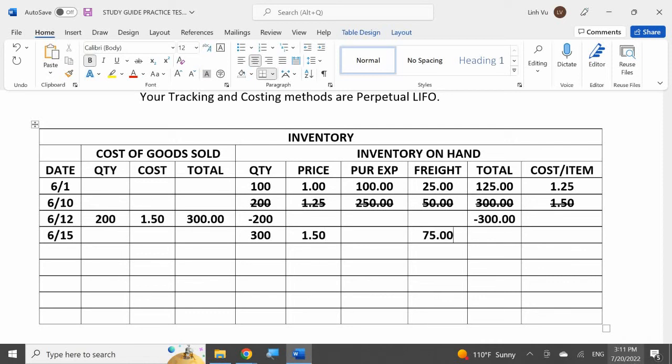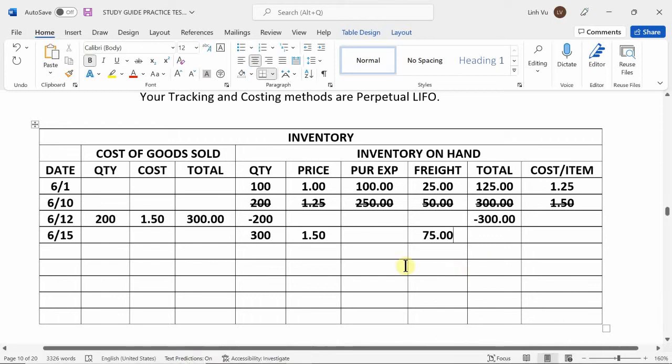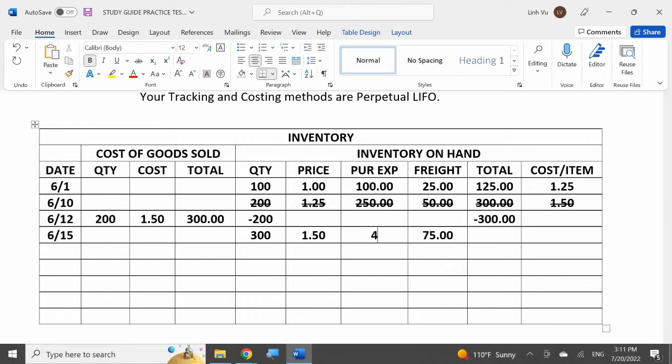So what was my purchase price here? $450. Good. Plus $75. It's $1.75. Yes, this one's going to be $1.75 per item.